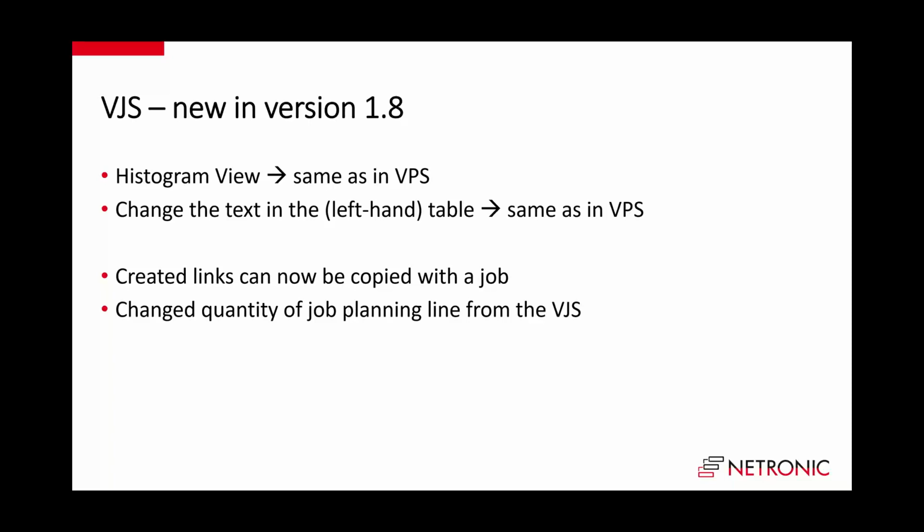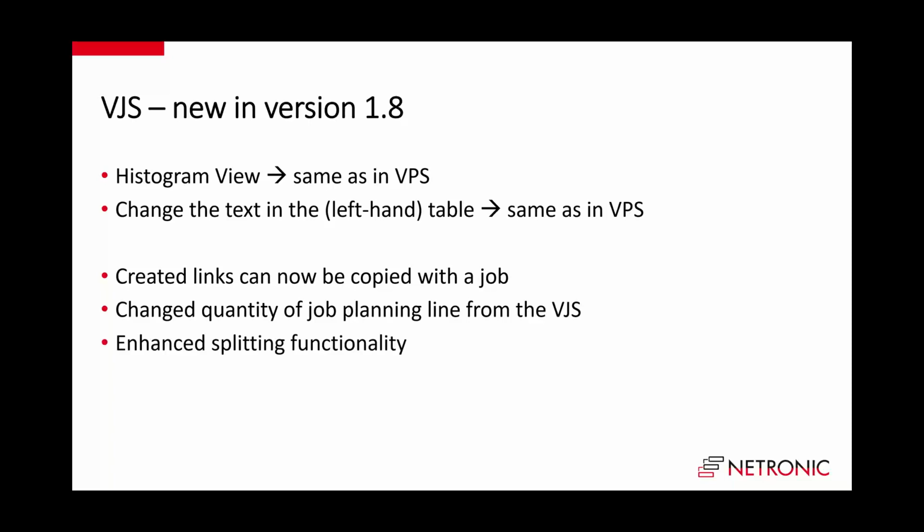So should I split it 30-30 or 40-20 or 50-10 or whatever? So we now enabled this change, and when we split this, we actually also copy the link structure from the old job planning line. So this makes working with a job template much better.